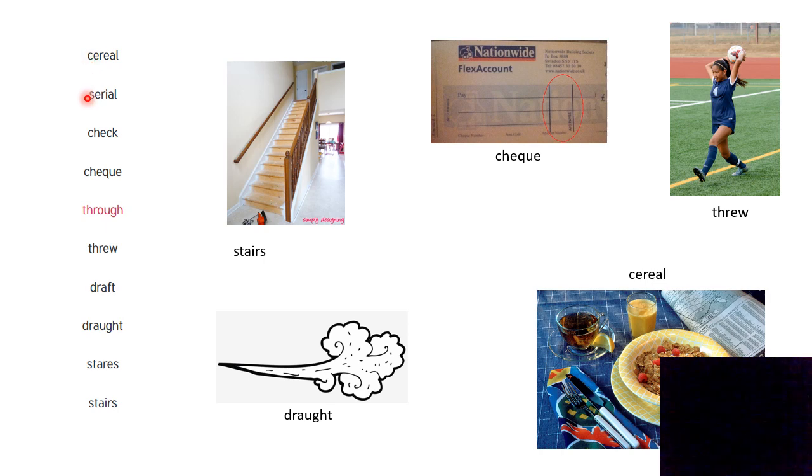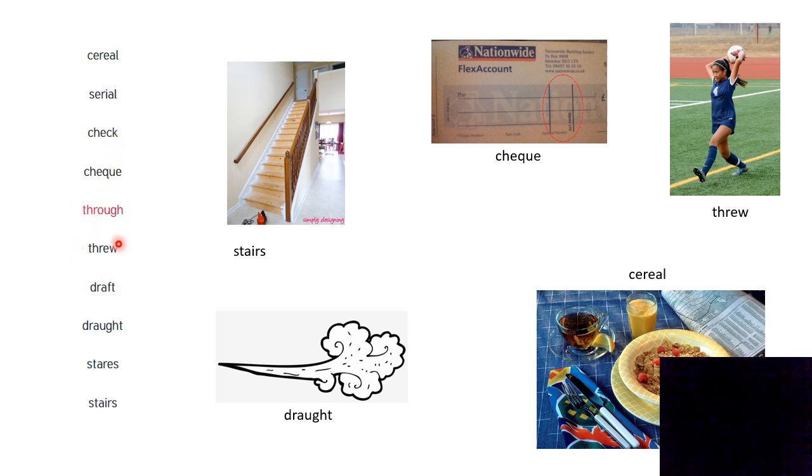And this one means that you do it again and again and again. Okay, we've got check and cheque. This one is how we pay money, and you write a little cheque. However, if you are checking your answers in a spelling test and you tick them right or wrong, you use this check here. So how would you draw a picture of that?